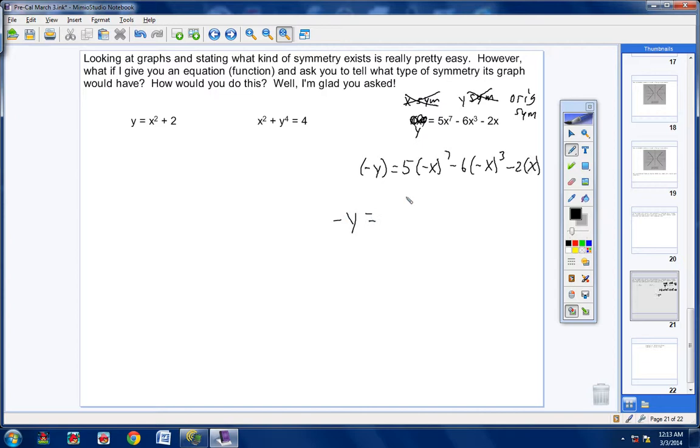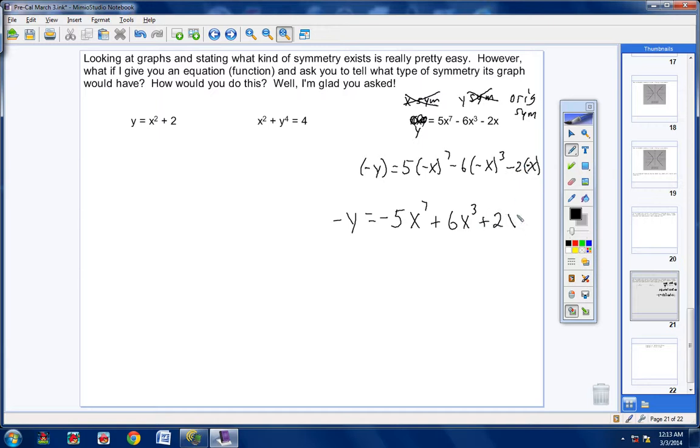And of course, a negative x to the 7th power is negative x to the 7th times 5. That's negative 5x to the 7th. Negative x cubed to the 3rd. Negative x times negative x times negative x is negative x cubed times 6 would be a positive 6x cubed. And then this would be a negative x right here. A negative 2 times the negative x would be a positive 2x.